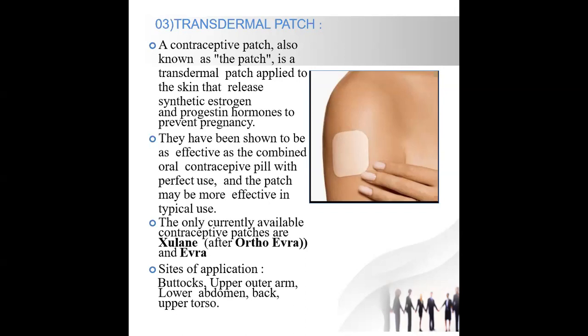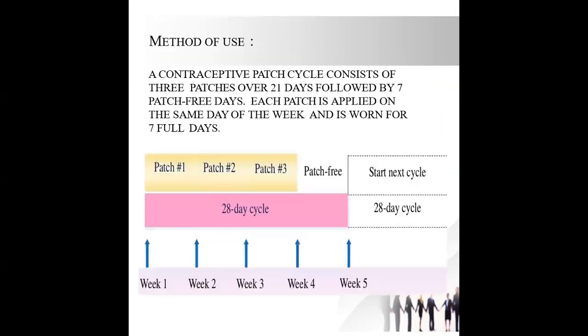The sites of application are the buttocks, the upper outer arm, the lower abdomen, back, and the upper torso. These are the sites of application of the transdermal patch, which contain both the synthetic estrogen as well as the progesterone. Now, what is the method of use of these transdermal patches?